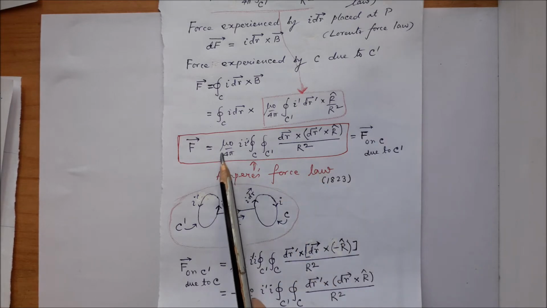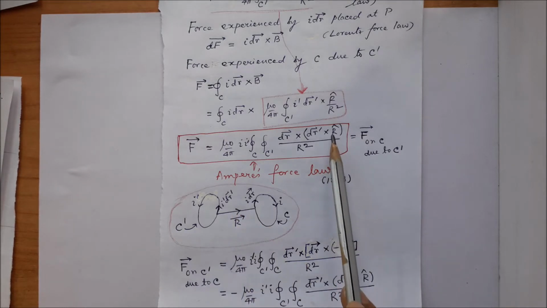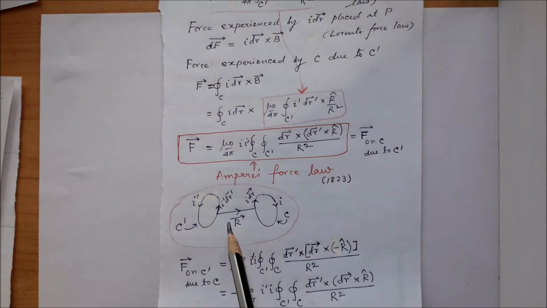And mu0 by 4 pi is a constant in both the expressions. Capital R representing the distance or separation will be the same in both situations. The only thing that will change now is r cap. Now the unit vector from source to field is this direction, which is therefore minus r cap.